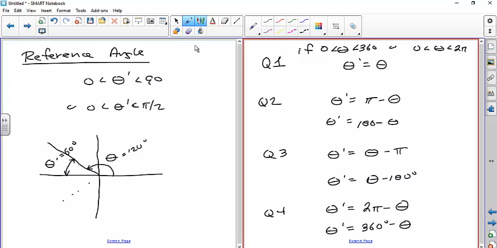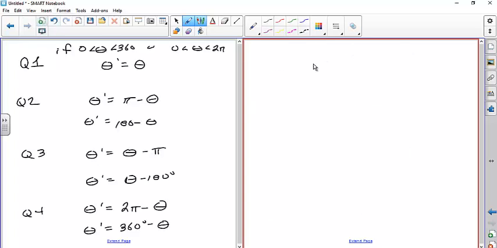So if I asked for the reference angle, let's say what is theta prime of theta equals 800 degrees. Well, for one thing, we don't know what quadrant it's in, and it's also not between 0 and 360. So what we do is find a coterminal angle. You'd have 800 minus 360, which is still greater than 360.